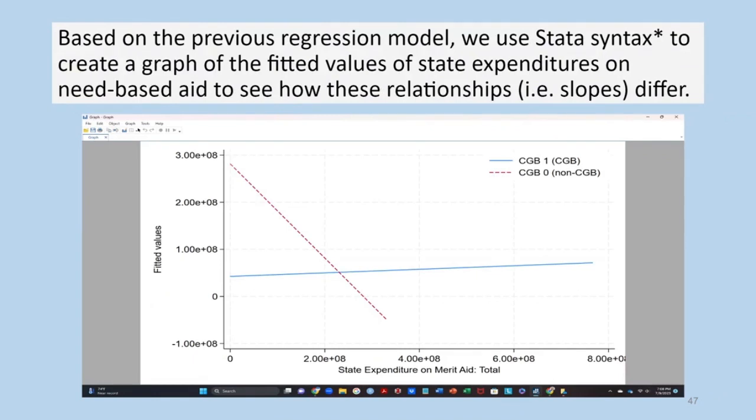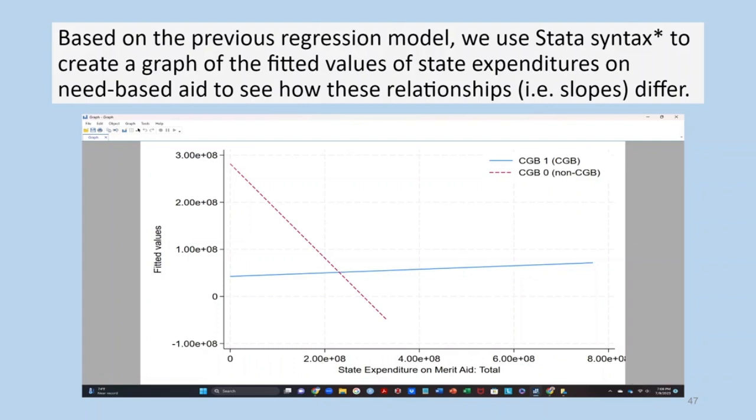So what does this look like? This is what it looks like, right? So what it's saying is, these are the fitted values of need, right? These are the values predicted by your model, okay? This is state expenditures on merit-based aid, right? That's your main independent variable, right? So as that increases for states with consolidated governing board, it's different, right? It seems to increase.